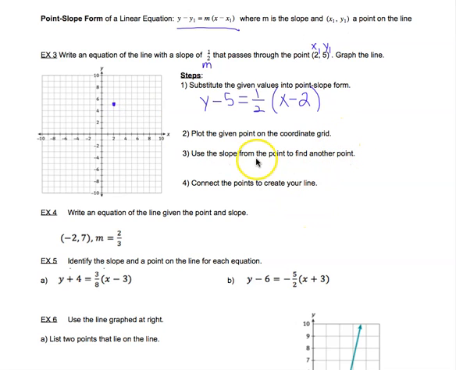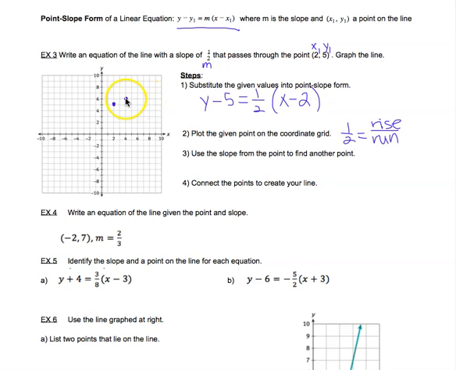Then I'm going to use the slope from that point to find another point. So my slope is 1/2. Because that's rise over run, and they're both positive values, that means that I can rise 1, which means go up 1, and run 2, which means right 2. So up 1, right 2, and I can plot another point.